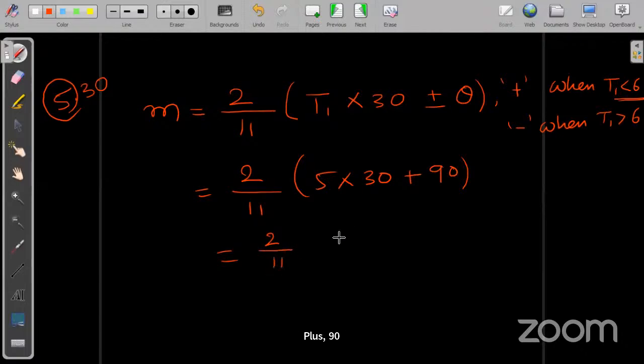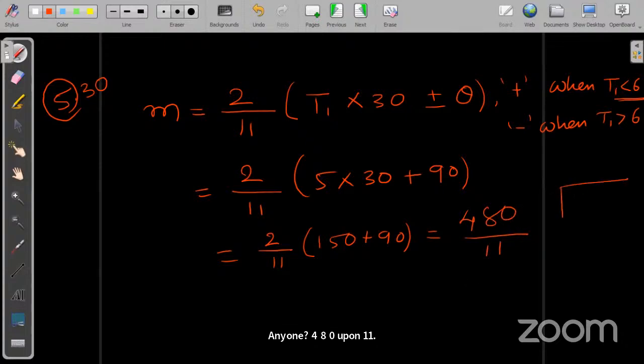That is 240. 240 into 2 gives me 480 upon 11.